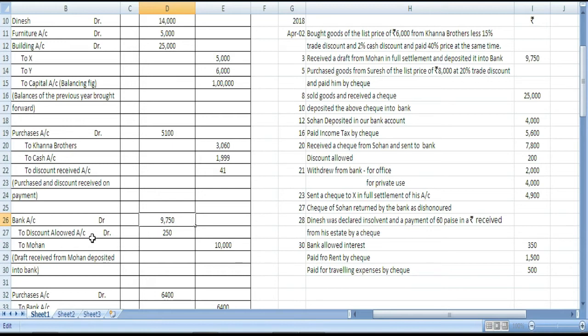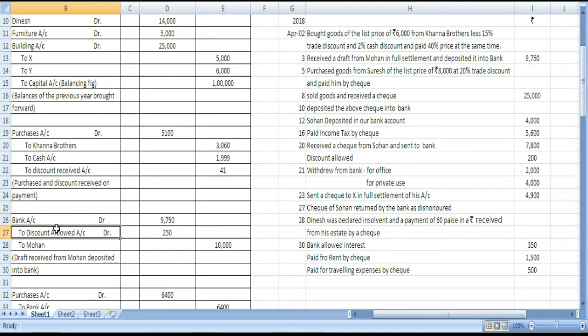discount allowed will be debited because that will be our expense. So, discount allowed will be 250. Mohan was supposed to pay 10,000, but he paid by a draft of 9,750 after settlement. So, we are debiting the bank because we are getting a draft, we are getting money in the bank.